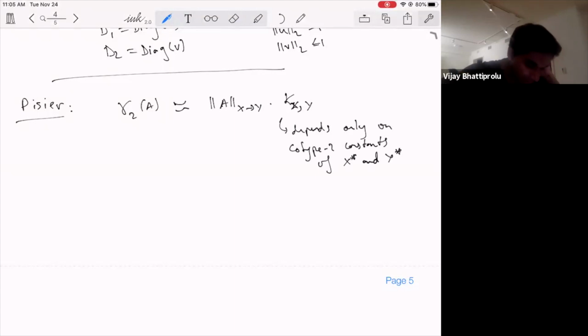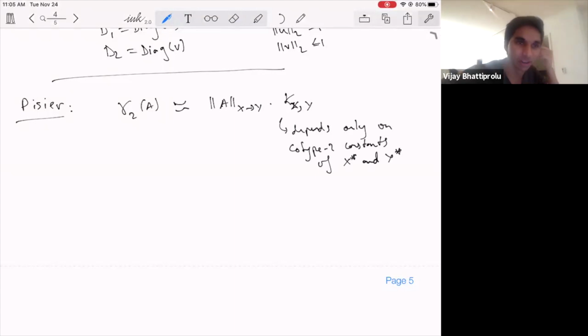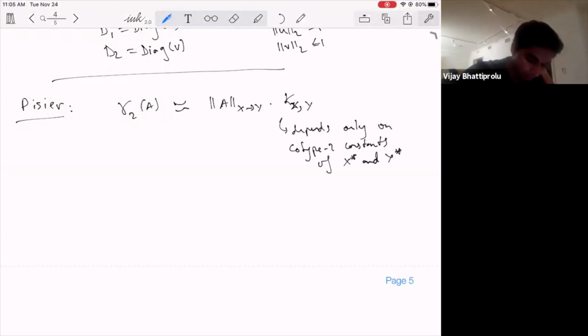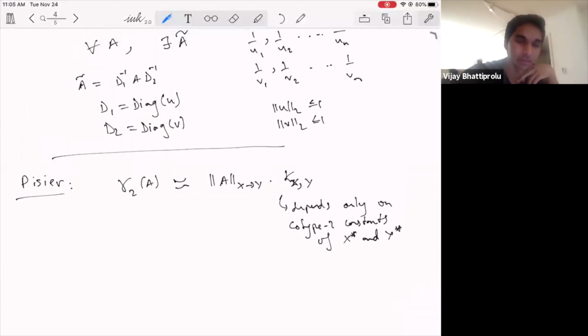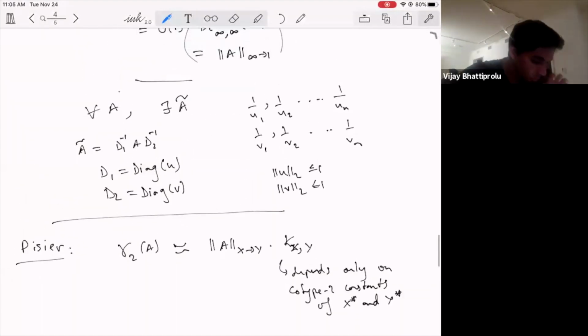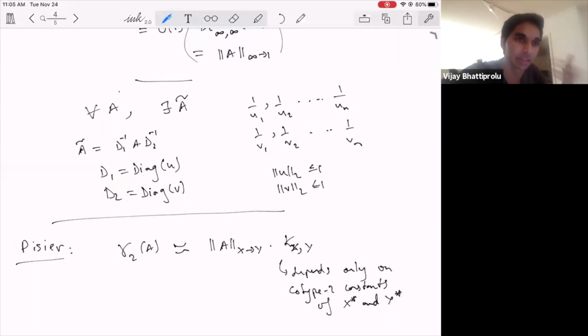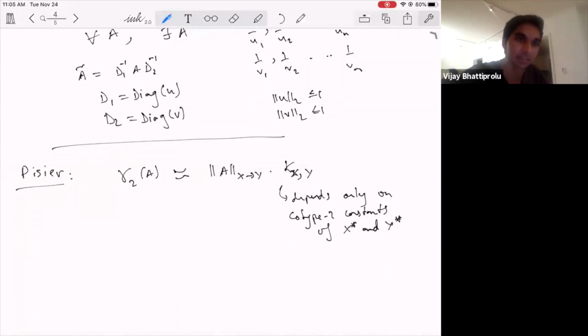Defining this would take me beyond the scope of what I wanted to do today. But just know that this in particular recovers Grothendieck's theorem if you only cared about factorization through L2 and not this additional diagonal matrix property. And the other benefit is that it holds in much more general settings.